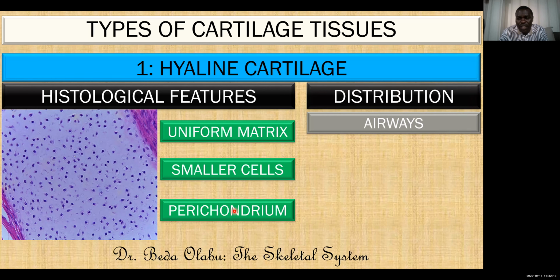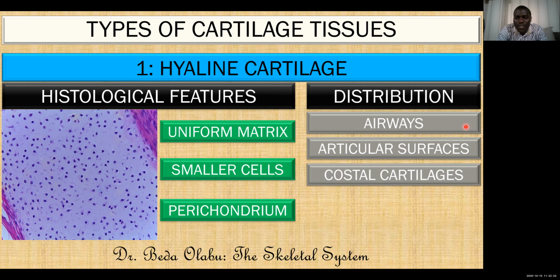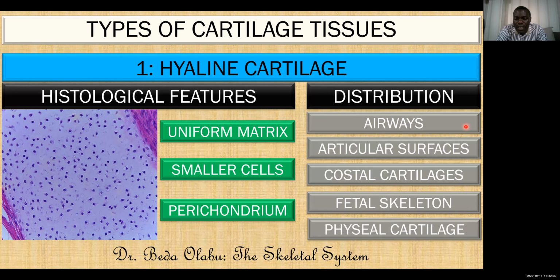It is found in the airways, in articular surfaces of synovial joints, the ends of ribs, which we call costal cartilages, the skeleton of the fetus, and lastly, the growth plate of long bones. That is hyaline cartilage.